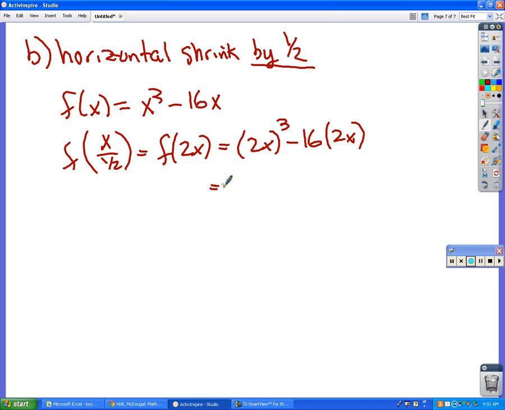So if you simplify this out, what is 2x cubed? 8x cubed. 2 times 2 times 2 is 8. It's just times 2, 3 times. Minus 32x. So that's what our new equation would look like.